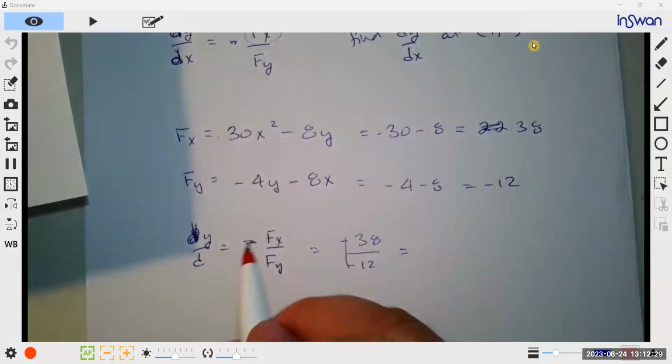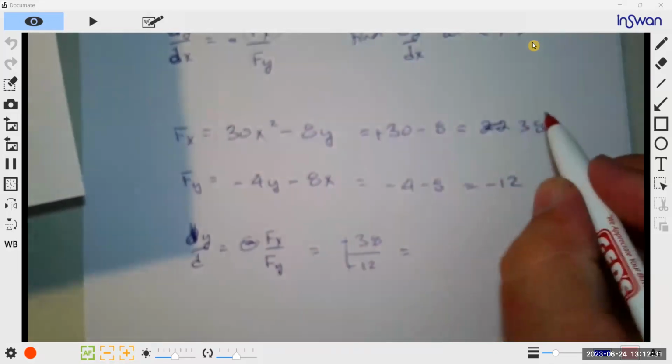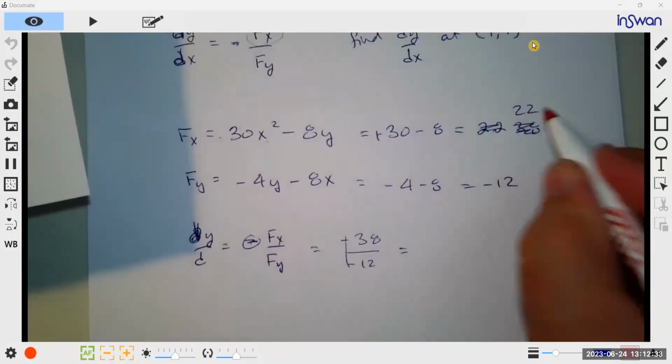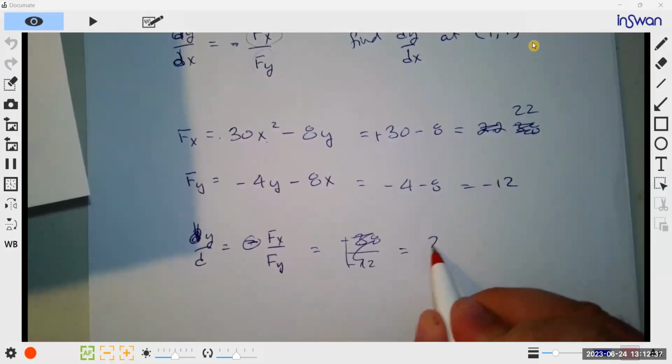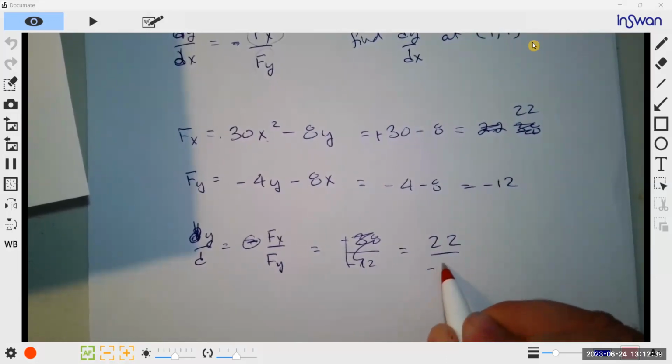No, this is out in front, so it's positive, so it makes it 22 over negative 12. It's a negative of the whole function.